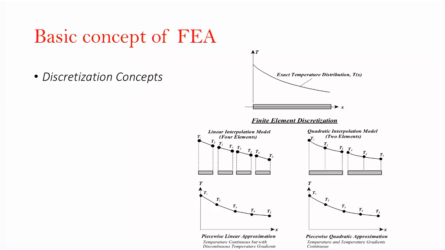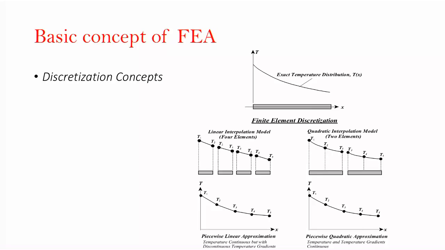So this is what I said about increasing the accuracy in 2 ways. Again, this is the exact temperature distribution in the top figure. We have 2 ways to discretize the temperature distribution by using small pieces or elements.